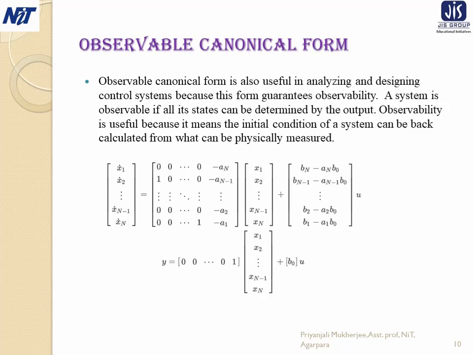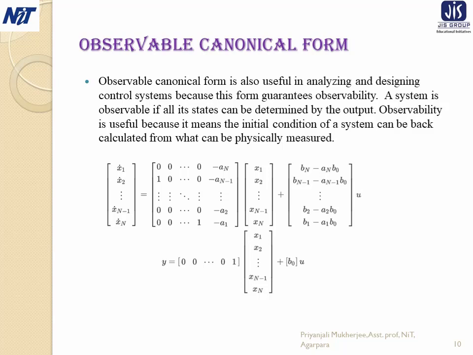Similarly, the B matrix becomes bn minus an b0, bn minus 1 minus an minus 1 b0, up to b1 minus a1 b0. And C is [0 0 ... 0 1], depending upon the order of the system, and D is equal to b0.